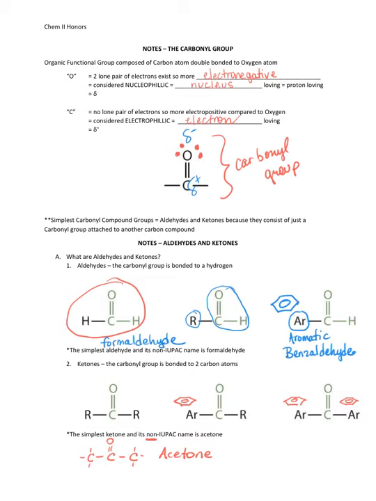So we have 7 carbons: 1, 2, 3, 4, 5, 6, 7. On carbon 7 we said we had a carbonyl group, or aldehyde. On carbon 3, now we have to call our aldehyde, that carbonyl group is carbon 1, 2, 3. So we have an iodine there. 1, 2, 3, 4, 5, we have the bromine.